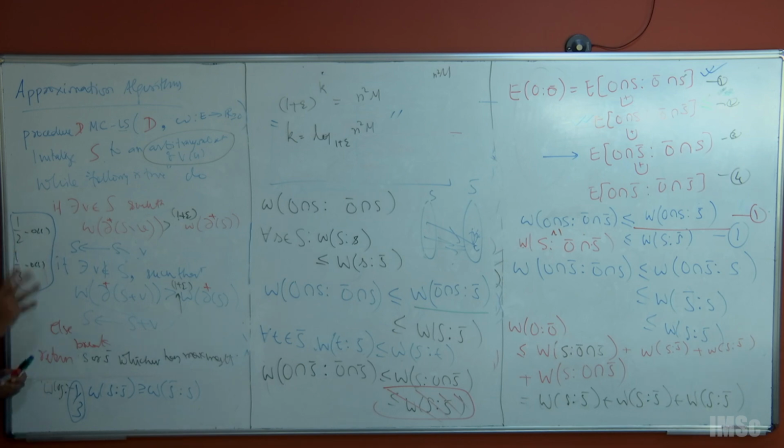It's just the way I have organized the course: I wanted to finish greedy first and go to the depth of that, and then I started local search. So that's it.